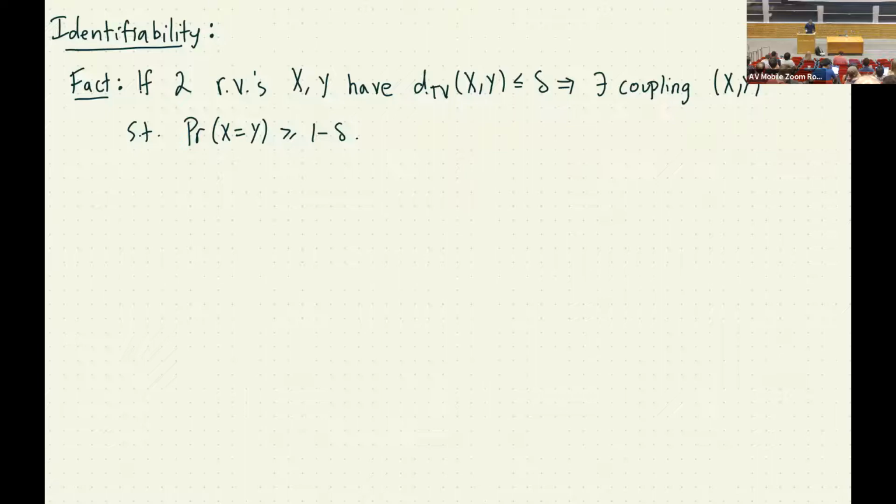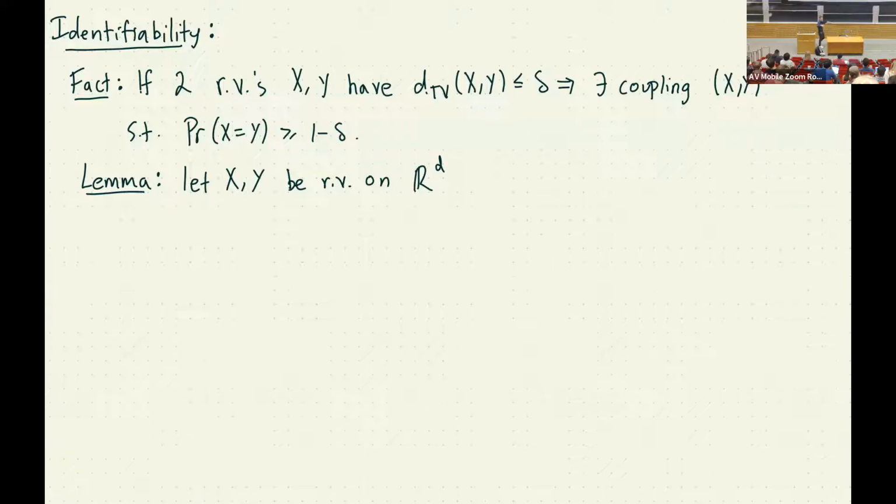So with this fact in hand, let's prove a lemma that's going to get us started on identifiability. Actually, this is basically all of the mathematical content. So let's let X and Y be random variables on R^d. These are just probability distributions on R^d; I'm just talking about them in random variable language.